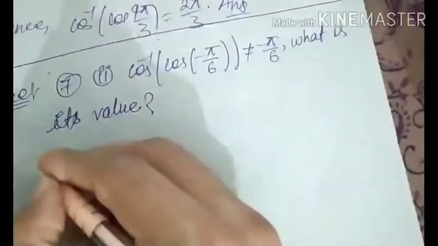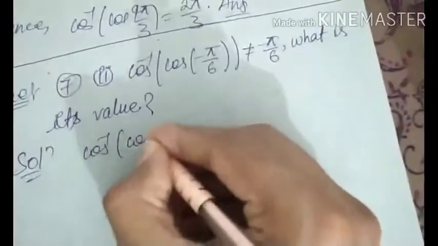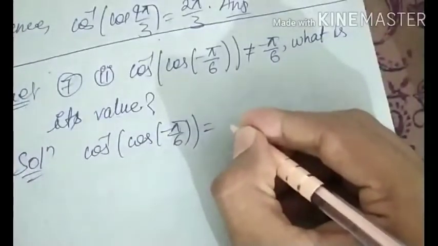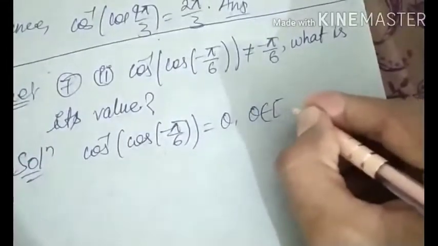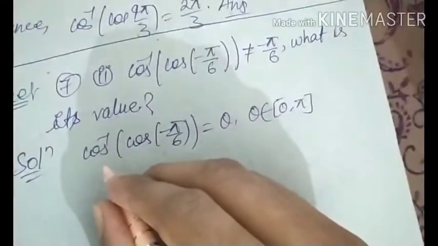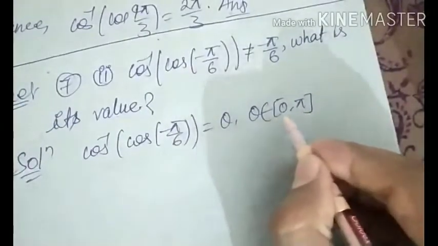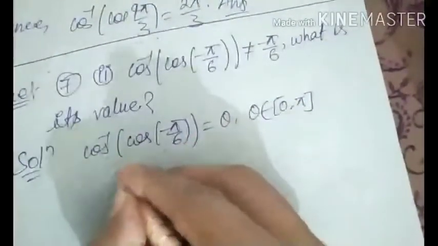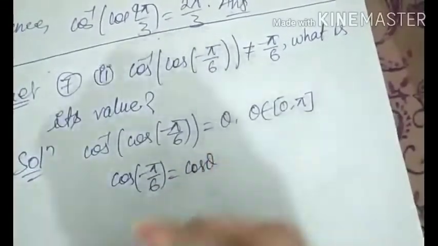Let us suppose cos inverse cos minus pi by 6 is equals to theta, and theta belongs to 0 to pi, because the range of cos inverse x is 0 to pi. That's why theta belongs to 0 to pi. If theta belongs to 0 to pi, then we can write cos of minus pi by 6 is equals to cos theta.